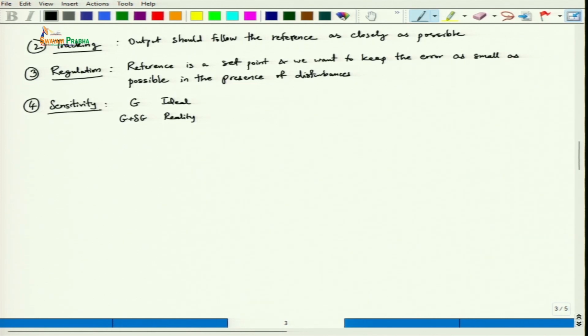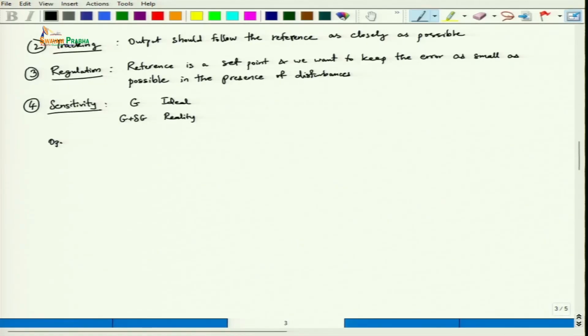So we need to understand how our designed control system and our architecture, whether it's open loop or closed loop, behaves with respect to this uncertainty delta G. So let us look at the open loop case.